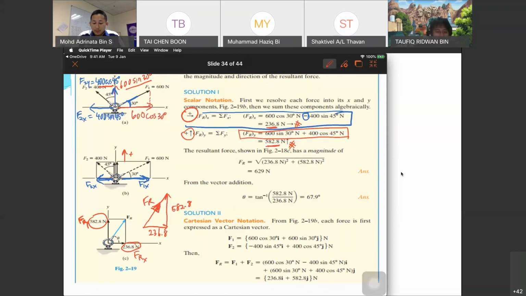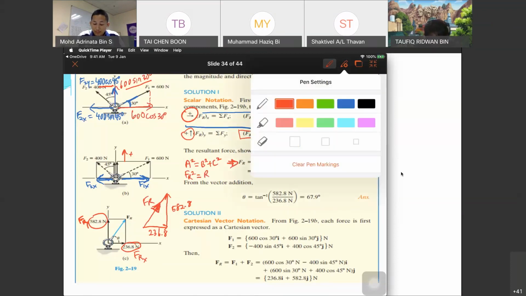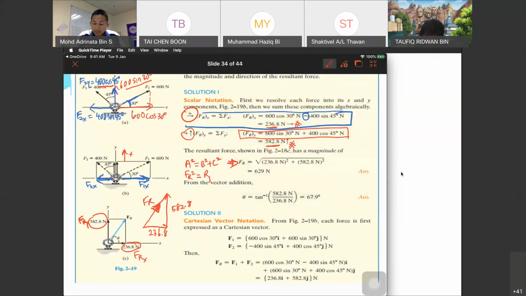How to calculate your resultant force? Okay, so you can use A squared is equal to B squared plus C squared. So this one is FR squared equals F. FR square is equal to FRX square plus FRY square.